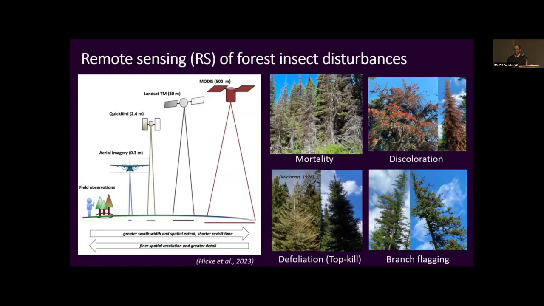Forest insect disturbances are detected and monitored with the remote sensing of characteristic tree damage. Some examples are on the figures on the right: tree mortality, discoloration, defoliation, and branch flagging. These often correlate to specific forest insect guilds and can also correlate to the stage of insect infestation. So this is how we remotely sense forest insect disturbances.